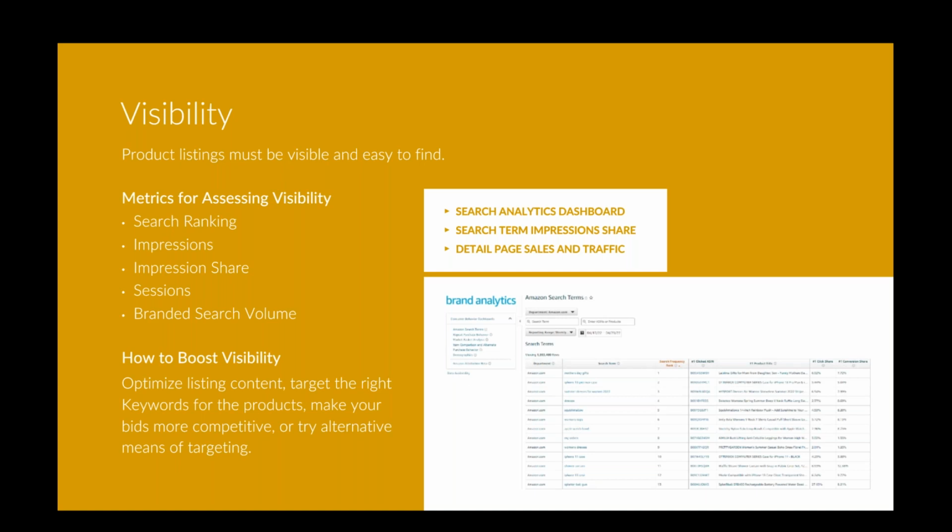And so there's a few things that we can do to help increase that percentage. Optimizing our listing content to not only make our ads more relevant, but to also help them place higher organically. Making sure that we're targeting the right keywords. So again, you may be getting a lot of impressions on a keyword, but if those impressions are low value, then we don't really want to be spending a lot of our ad budget on that.